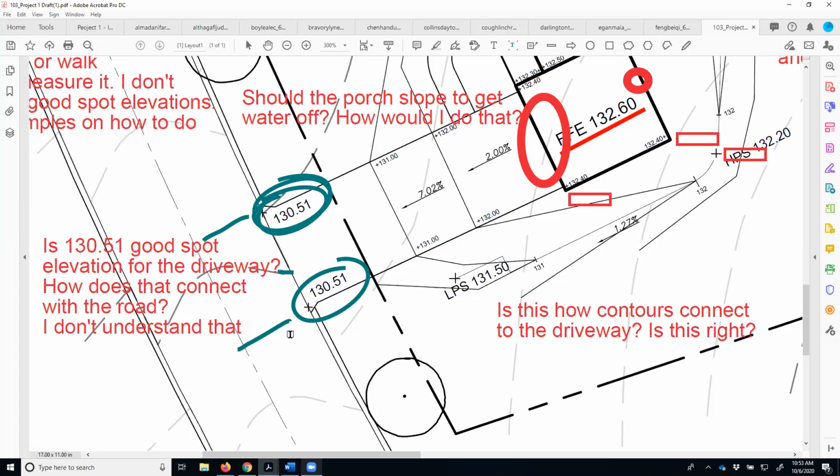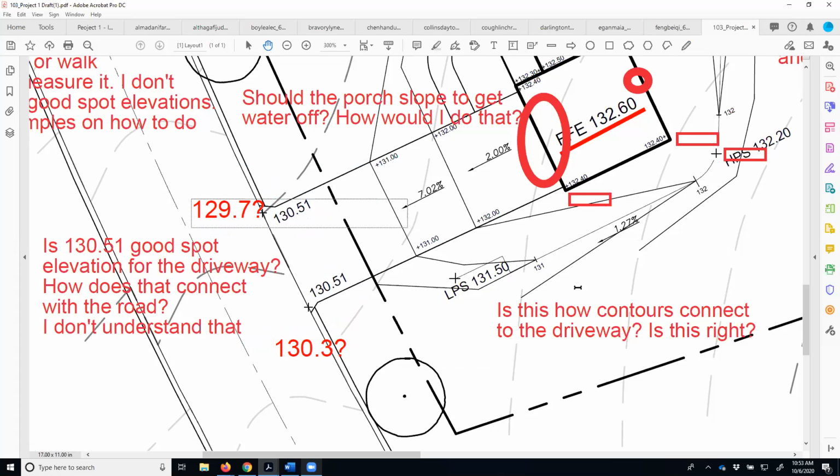So if we go down to this one and we'll say, all right, that one's going to be 130.3-ish. And the one up here is going to be 129 point, what did I say, 7-ish. That means that those elevations are clearly not the same.